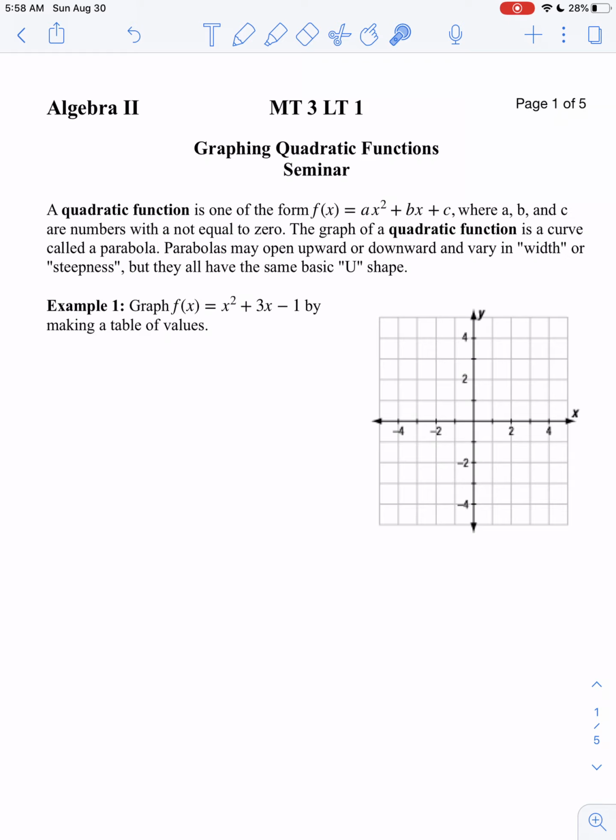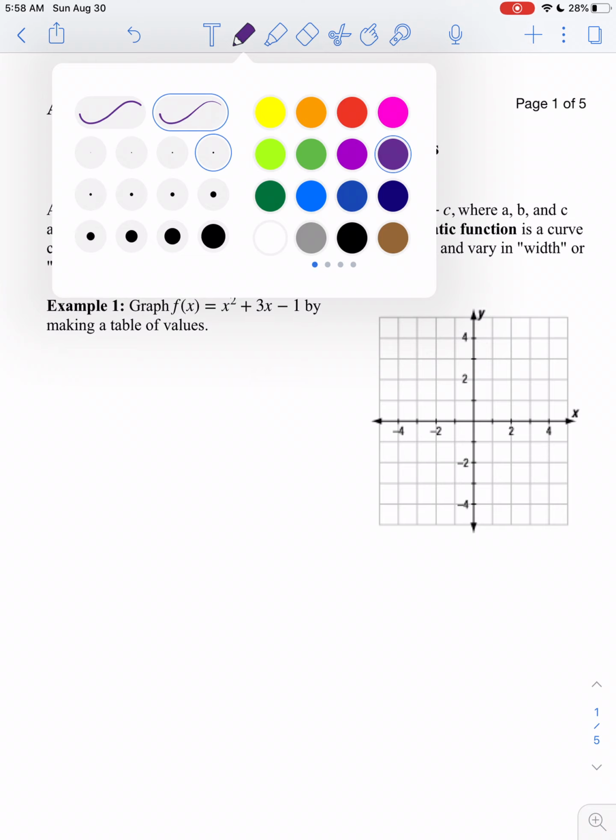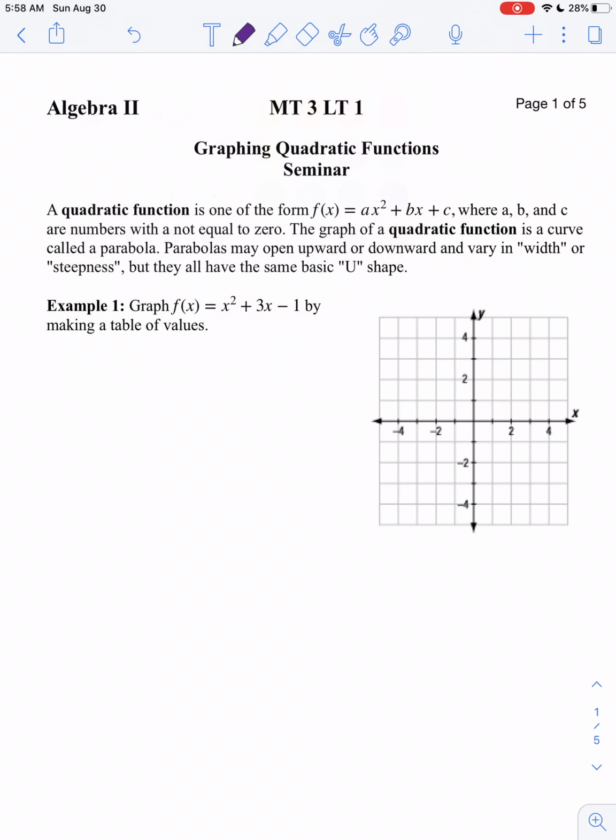First thing we're going to do is graph this by making a table of values. So when you make a table of values, we're going to make x and y. And what I want is to find a U-shape. Now when I make a table, I always like to go -3, -2, -1, 0, 1, 2, and 3.